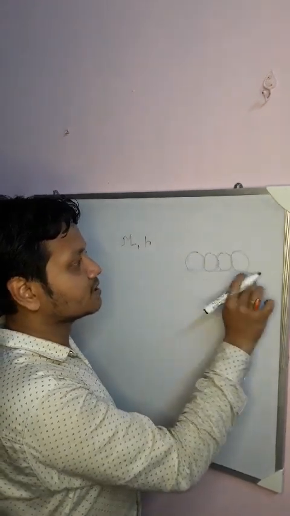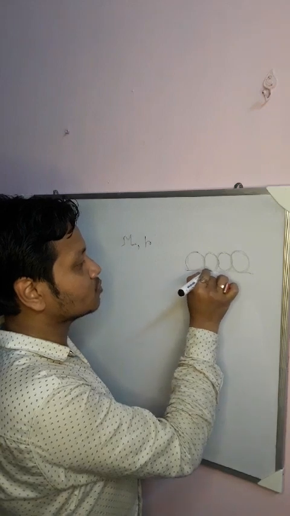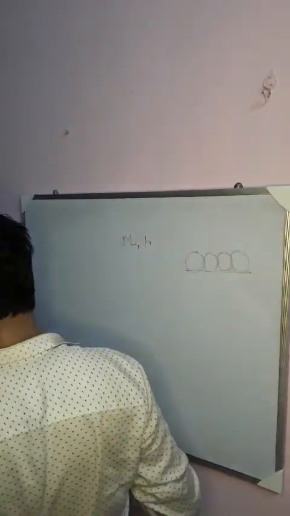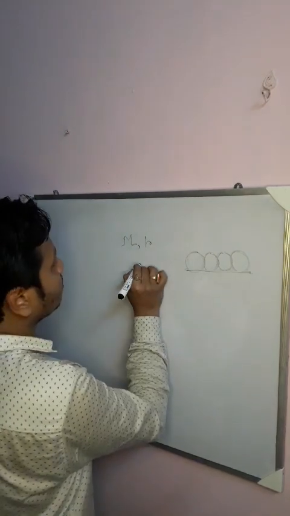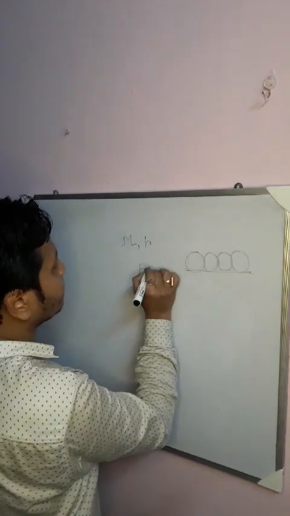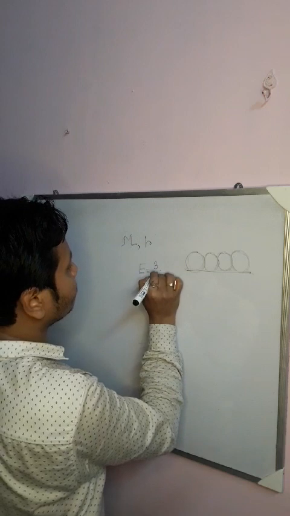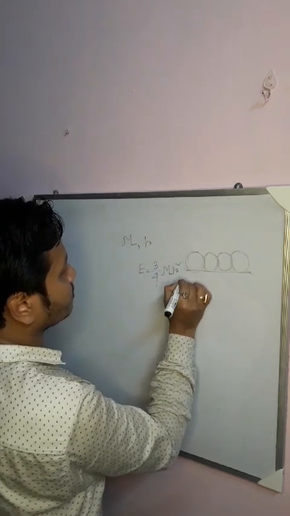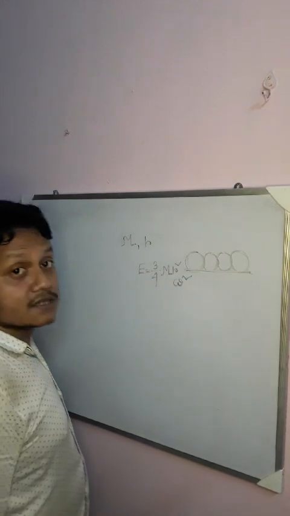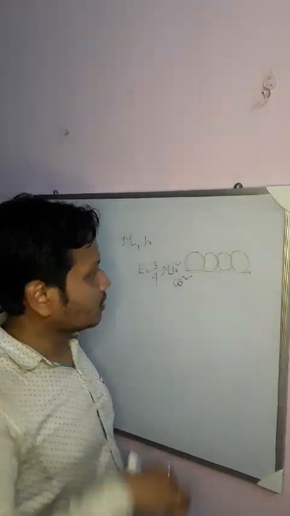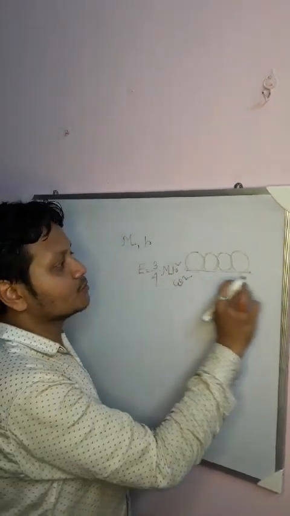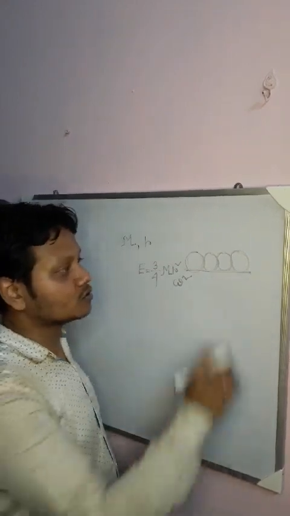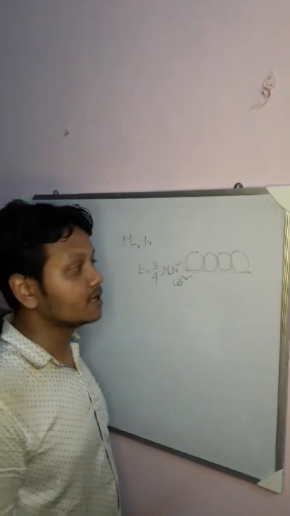A circular disc is set to roll on a table, so we have to show that the total kinetic energy is 3/4 m r square omega square. This is a very important question. In this case both energies are available, rotational kinetic energy and also translational kinetic energy. Why?